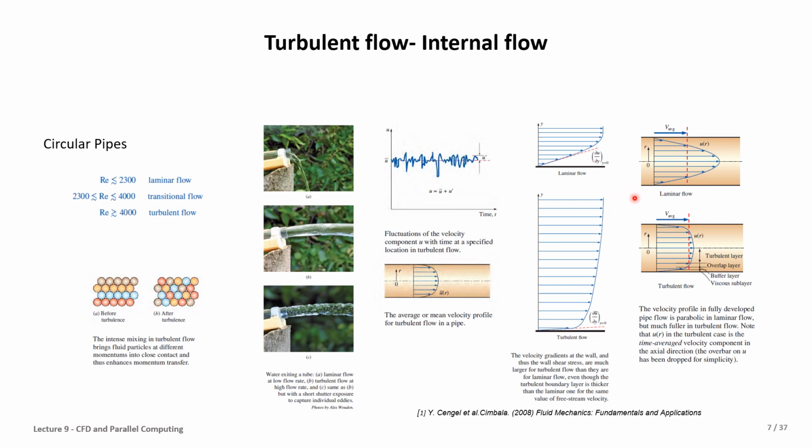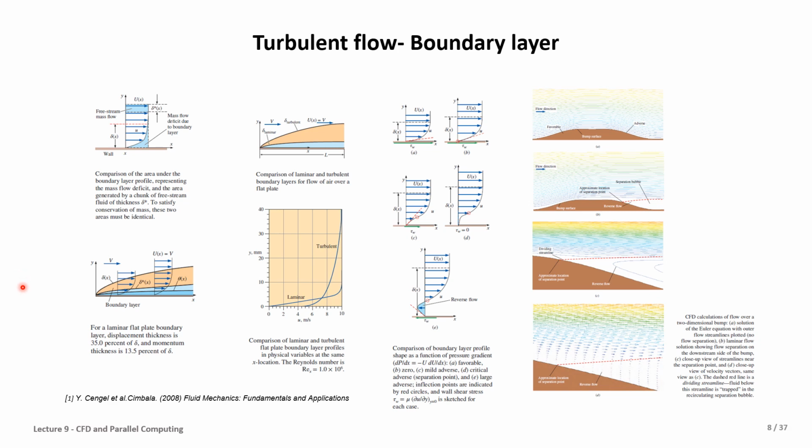And another presentation is when we have laminar flow in the pipe and when we have turbulent flow in the pipe, and they have different velocity profiles. Boundary layer is another topic in turbulent flow. When the flow has motion near the wall, because of the viscosity and the inertia, when the inertia forces overcome the viscous forces, we have different behavior.